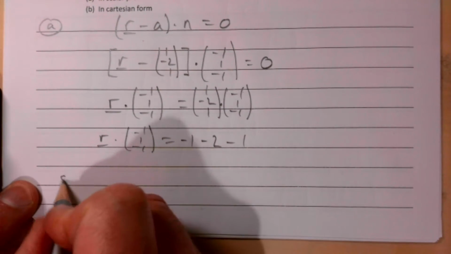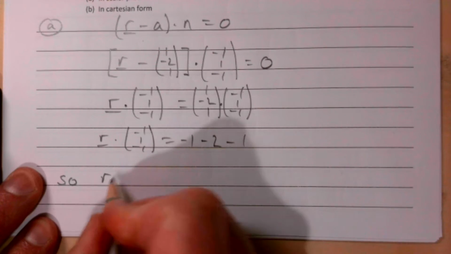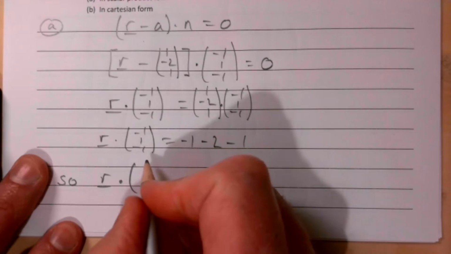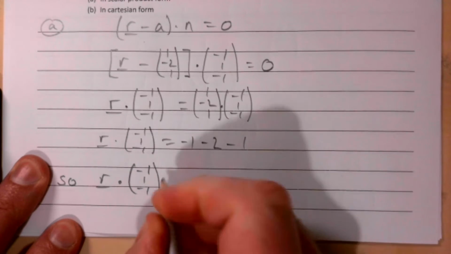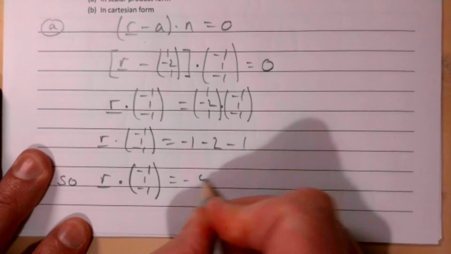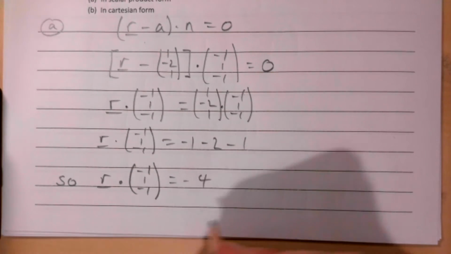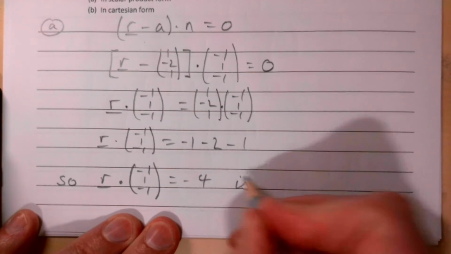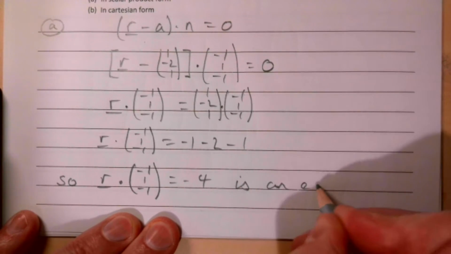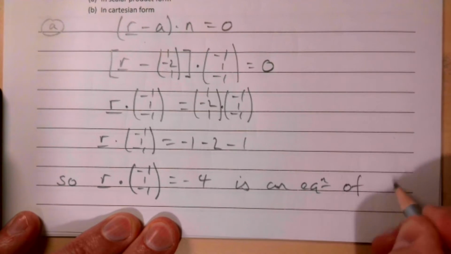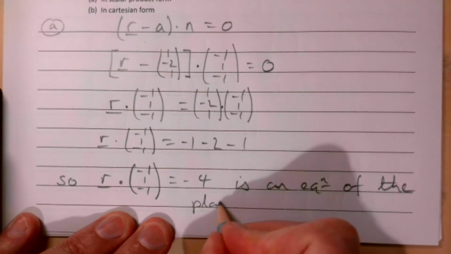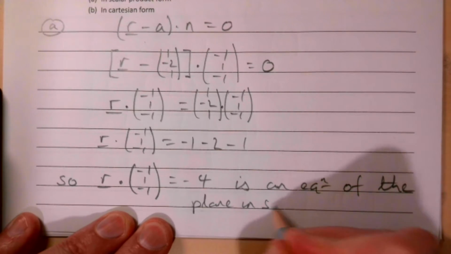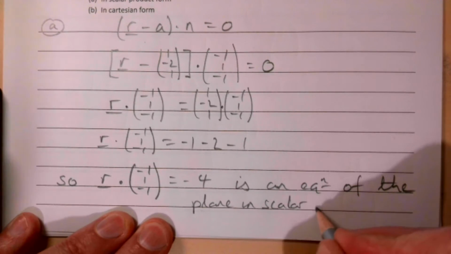So R dot (-1, 1, -1) equals minus 4 is an equation of the plane in scalar product form.